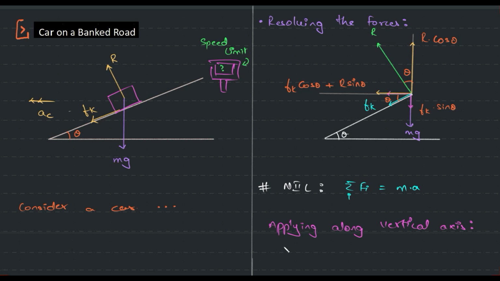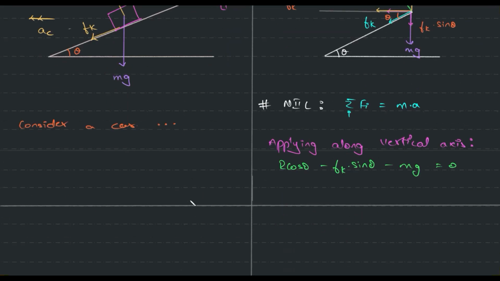So along the vertical, if I take up as positive and left as positive, we have r cos theta minus Fk sin theta minus mg should be equal to 0. Of course, the car is not flying out. All of this is equal to 0.